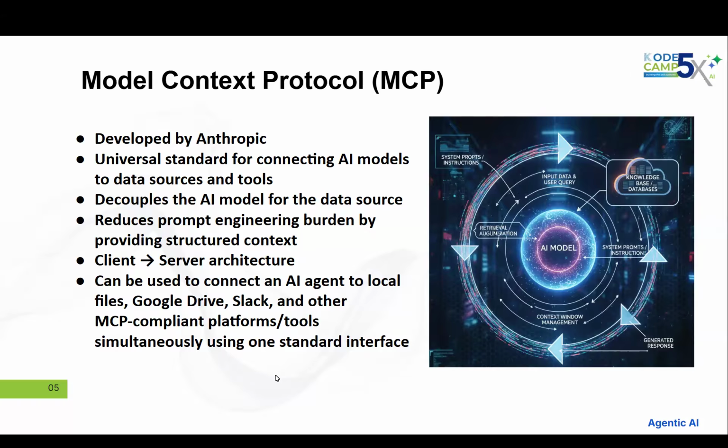Now, technically, MCP allows models, essentially LLMs, to connect to tools and data sources via a standardized interface. But considering too that the models are the reasoning cores of agents, we might as well say agents.